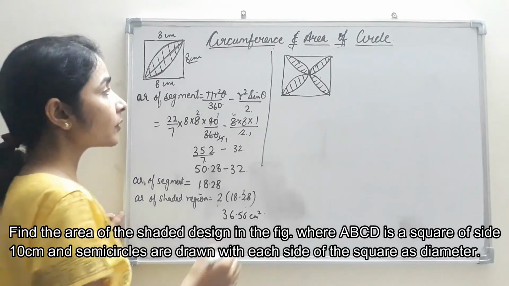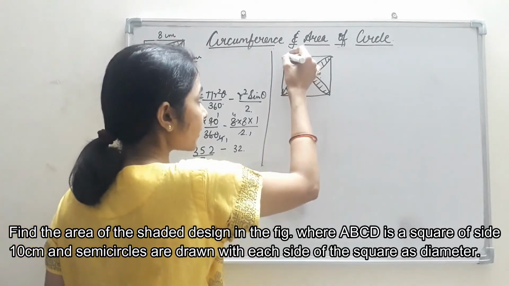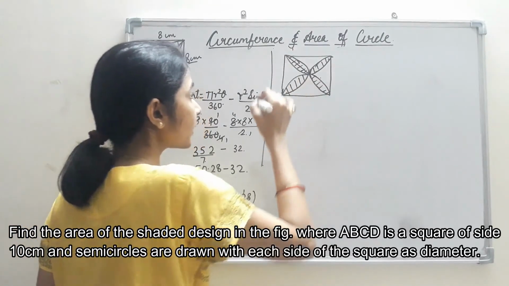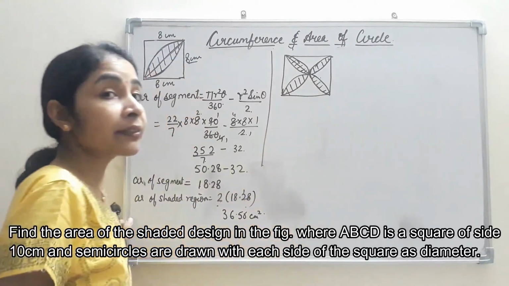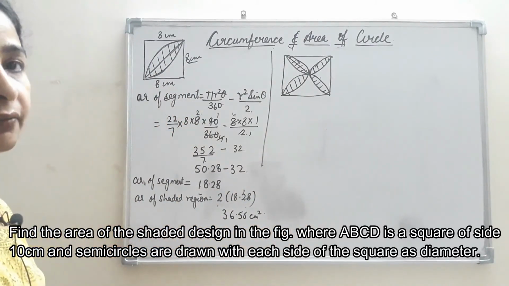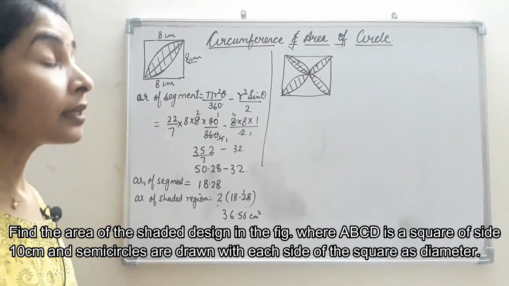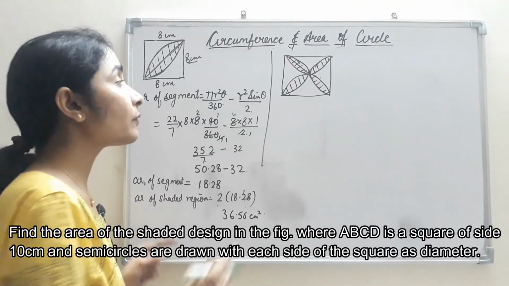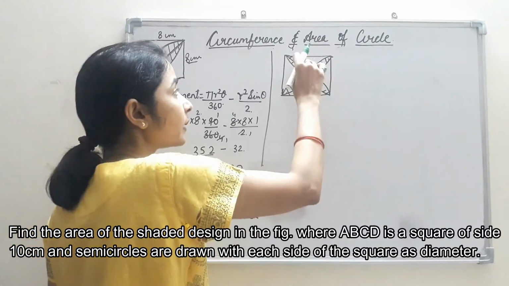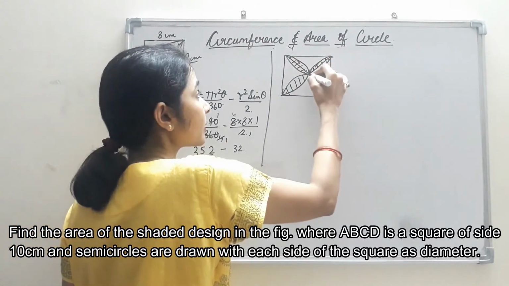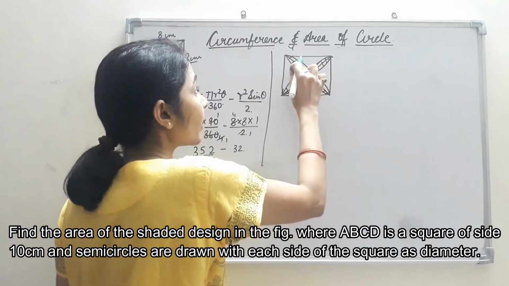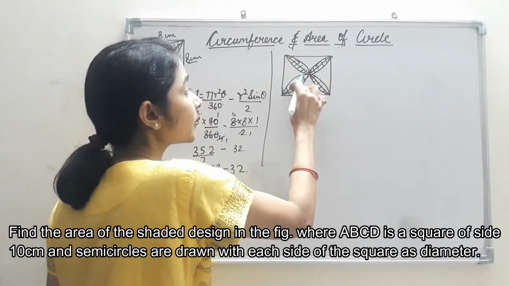Again the same thing here. We cannot find the area of this one directly. We will have to find out the area of a part of it. That means one segment we will have to find, and once we find out the area of a segment, then we can easily find out. We will just multiply it by 8, because 8 such segments are here. Just see, 1 2 3 4 5 6 7 8.